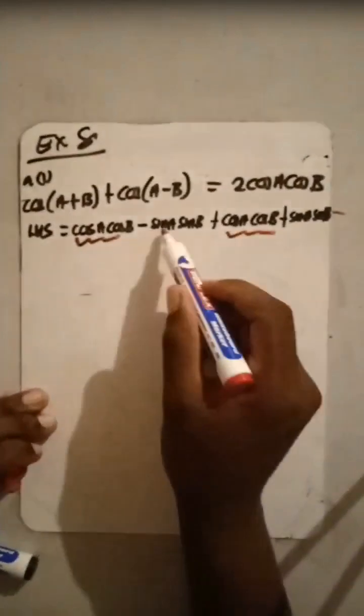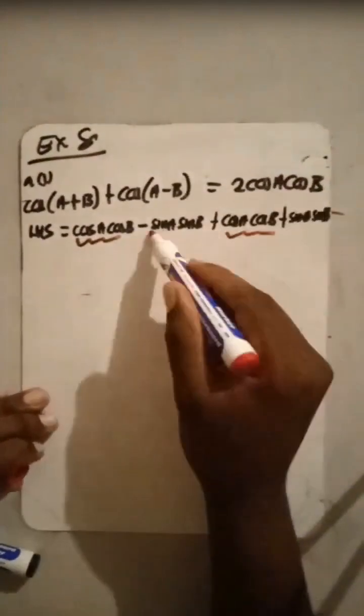We have like terms. Look at this one: minus sine A sine B plus sine A sine B. These cancel because they are the same.